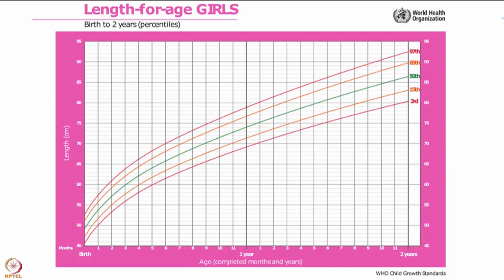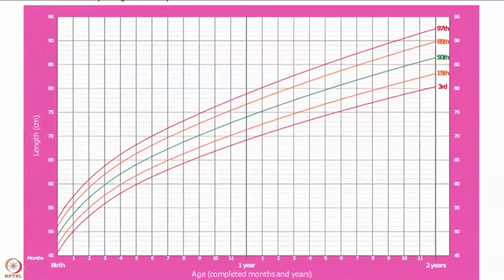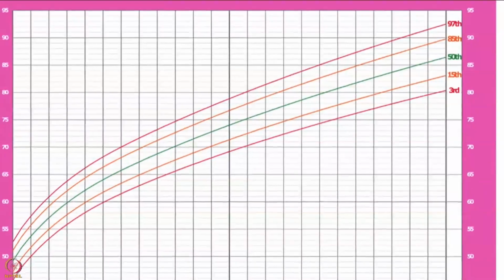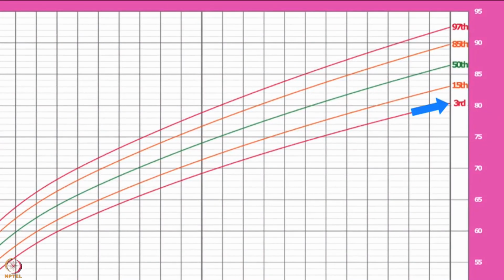Now, let's learn more about the 5 curved colored lines on growth charts. These 5 curved lines show selected percentiles. They are 3rd, 15th, 50th, 85th, and 97th percentiles.